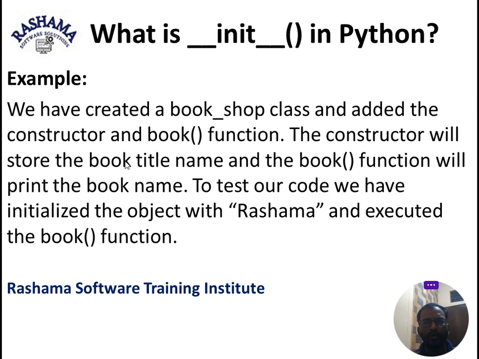For example, we have created a bookshop class. The class name is bookshop, and we added the constructor and a book function to the bookshop class. The constructor will store the book title name and the book function will print the book name.